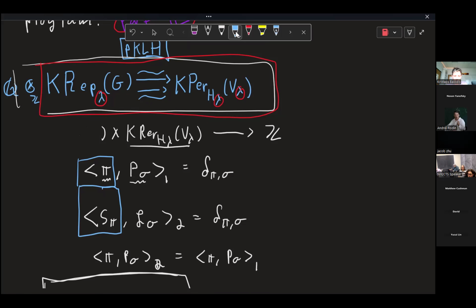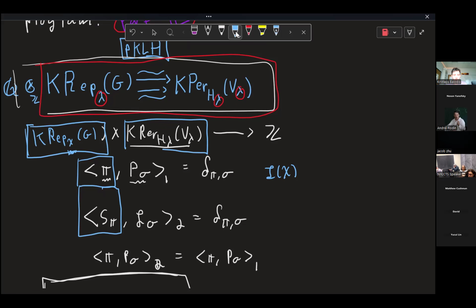On one side, we have, let me call it, Rep chi G. Those will be all of the representations that appear in our induced character chi. We look at the Grothendieck group, the free group on the irreducible representations, and we define a pairing between that and the Grothendieck group of the corresponding category of perverse sheaves.